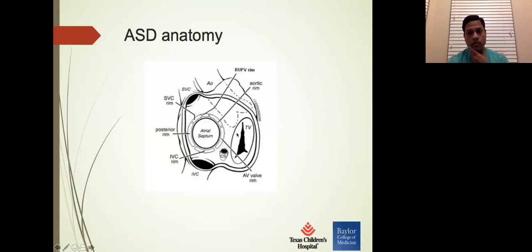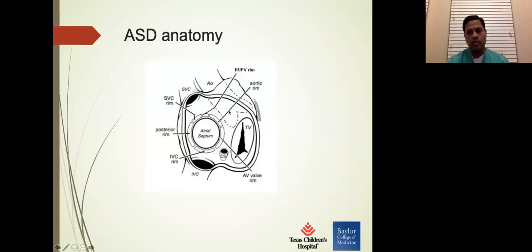So if you think of echocardiogram, usually the apical four-chamber view would give you an estimate of the AV valve rim and the posterior rim. And the bicaval view on the transthoracic or transesophageal echocardiogram will give you an estimate of the SVC rim and IVC rim.